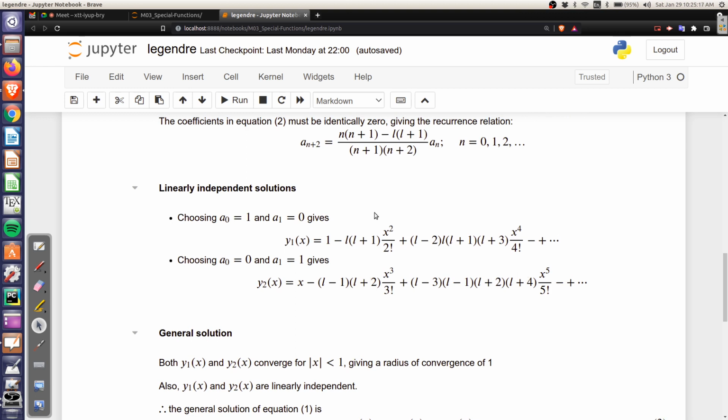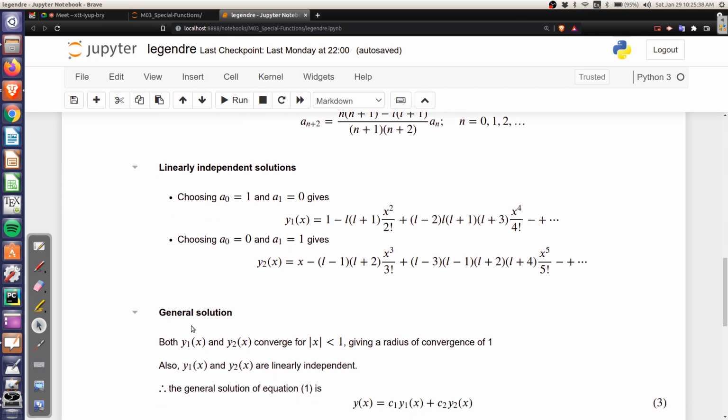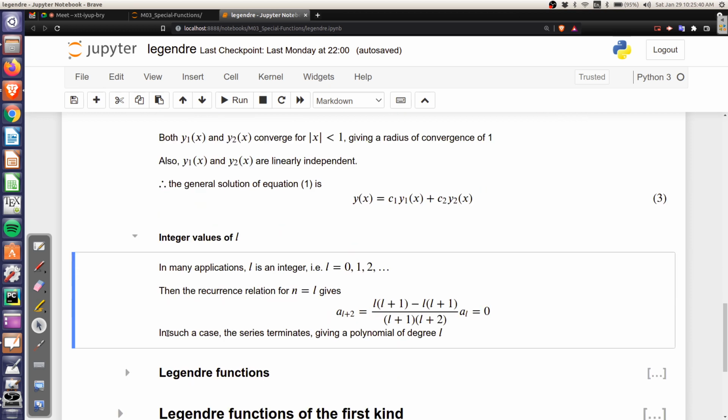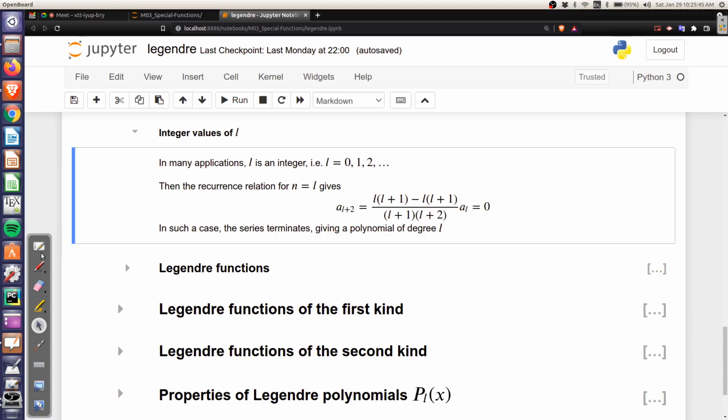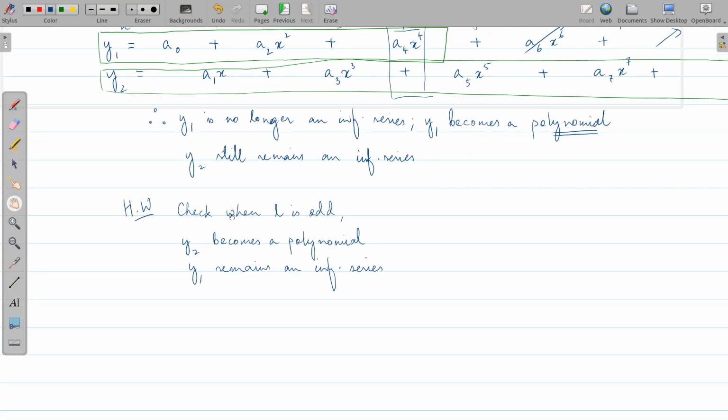But the moment L is an even integer, y1 becomes a polynomial and y2 remains an infinite series. And the moment L takes an odd integer value, y2 becomes a polynomial, it gets chopped off, and y1 remains an infinite series. So any one of these will become a polynomial depending on whether L is even or odd. Is this clear, everyone? Is this understood? Just try this out, and once you do, it is going to become clear.